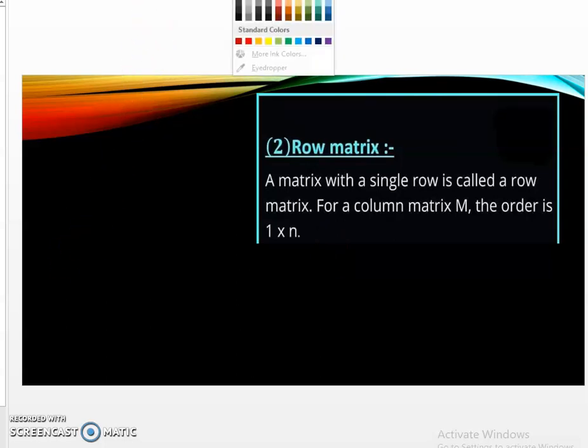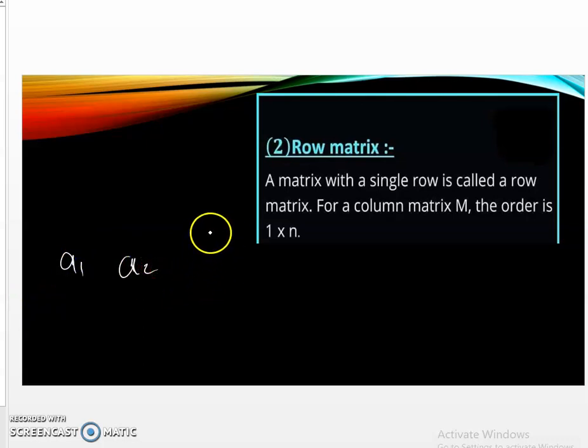An example will be A1, A2, A3, up to An. So this is a row matrix, and it is good to pay attention to this so that as we dive into calculations and arrangement of matrices, we are able to apply this in our calculations.